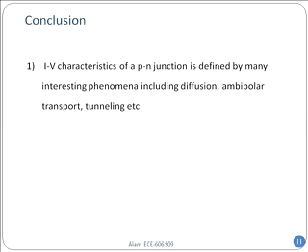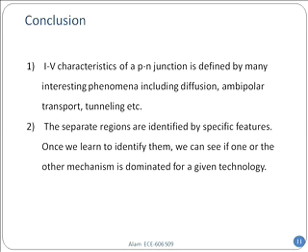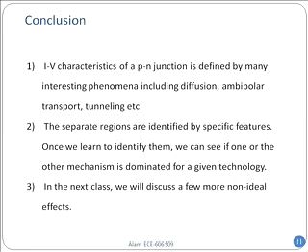If you apply a large enough bias, it will occur. And as I said, you have to understand the specific features of these IV characteristics so that you can identify them and troubleshoot your process. People may depend on you to solve a particular problem in the process, and these are diagnostics that allow you to explore the physics inside of a diode. And we'll talk about a few more non-ideal effects in the next class.